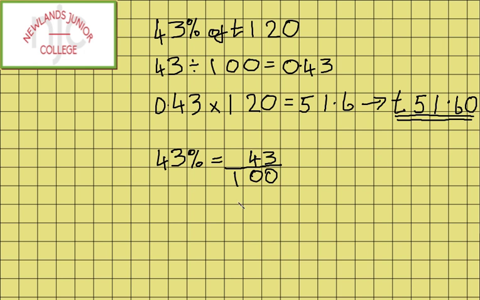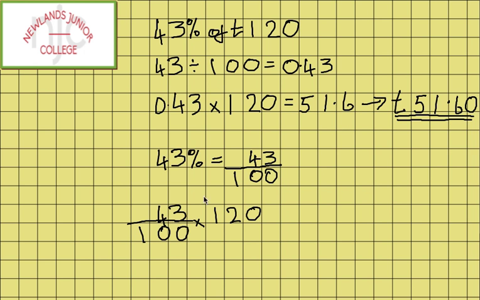And as with method 1, you take this here and you multiply it by the amount of money you were working with in the first place to give you your answer. 43 over 100 multiplied by 120.